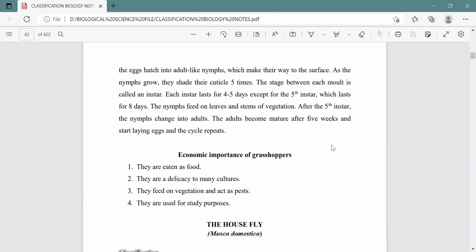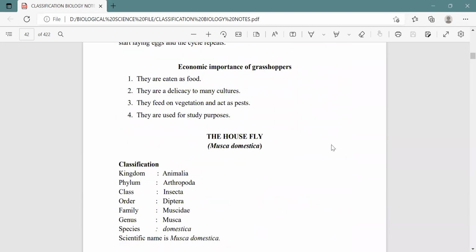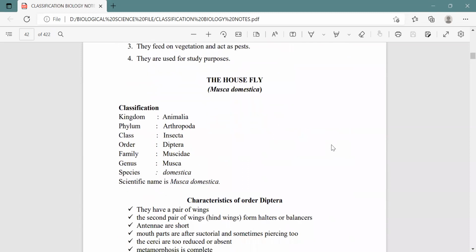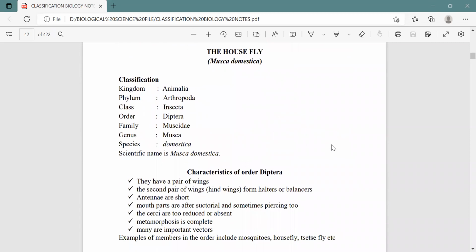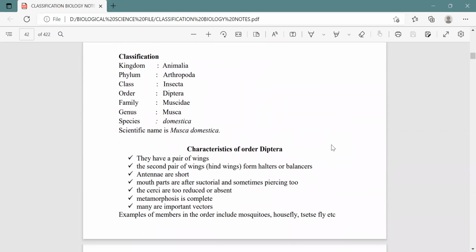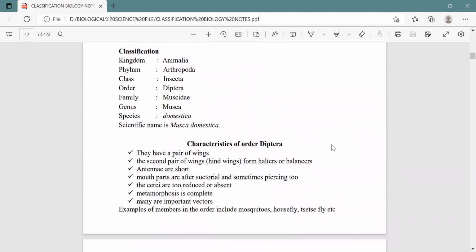That is the grasshopper. Going to another insect, that is the housefly. You know a lot about the housefly. Here I'm only showing you what you are supposed to grasp as a teacher of IPS.